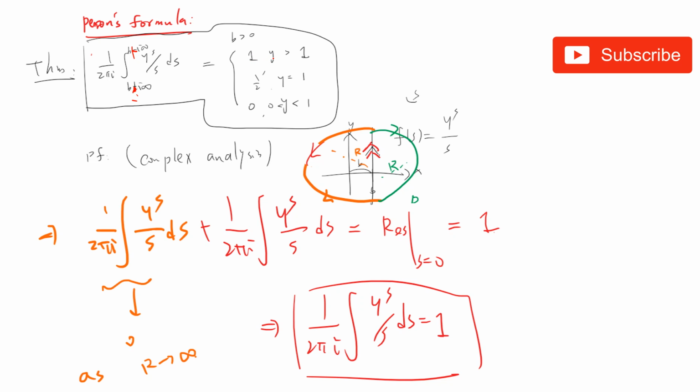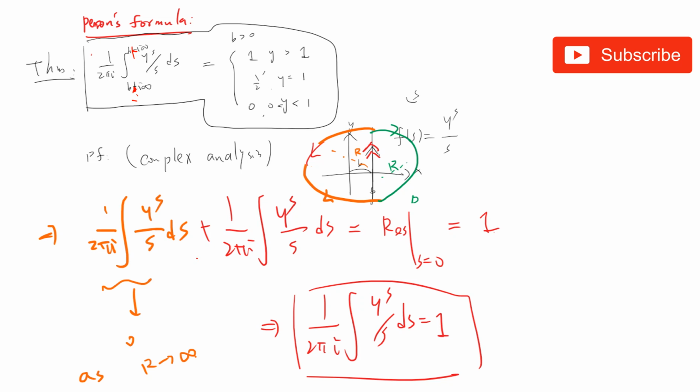You can imagine that if y is 2, then it's 2^s. If real s is very negative, then 2^s will be 0. So if I plot the contour, I should use this red plus this orange, because if I choose a real s less than 0 and very negative, then y^s will be 0 because y is greater than 1.